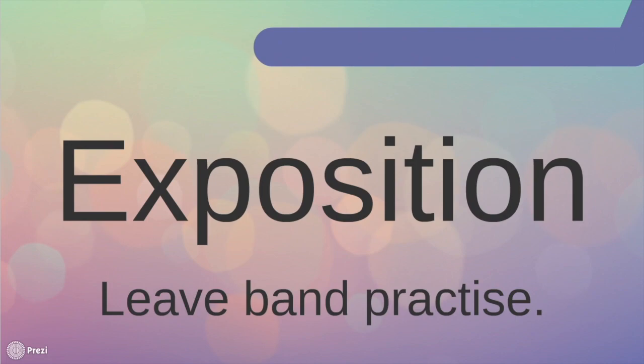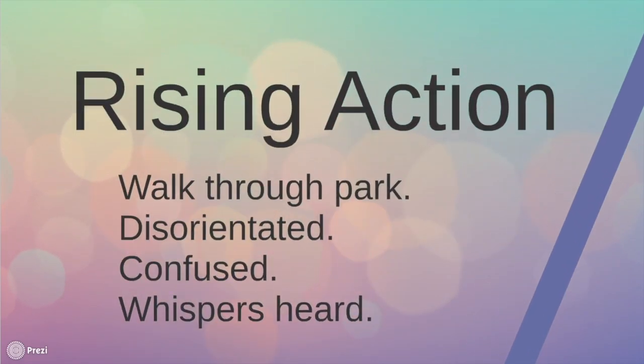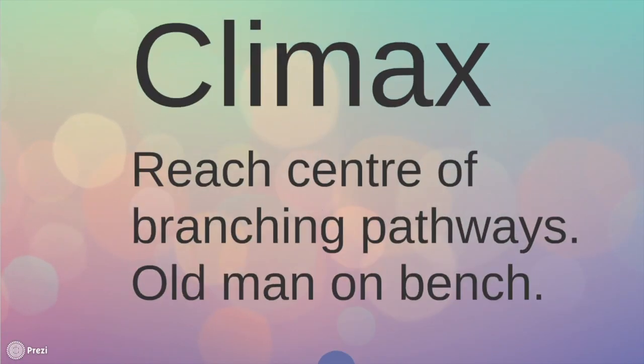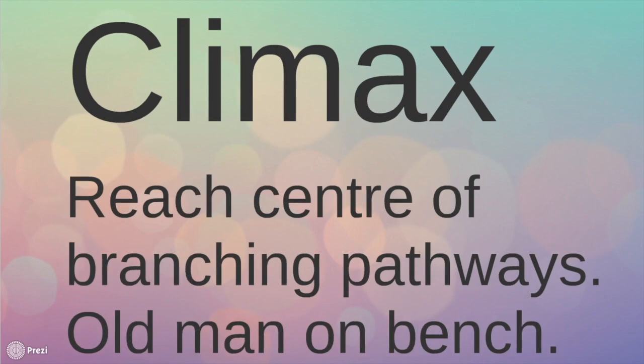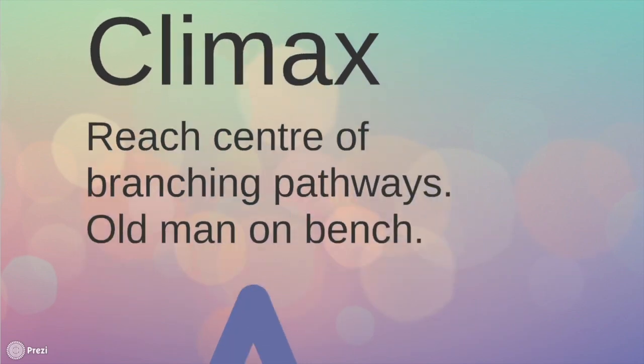In mine, my exposition would be leaving the band practice. My rising action would be the character walking through the park, and again, I've considered the emotions of the character, that they are disorientated and confused. My climax is when my character reaches the centre of the branching pathways and sees the old man on the bench.